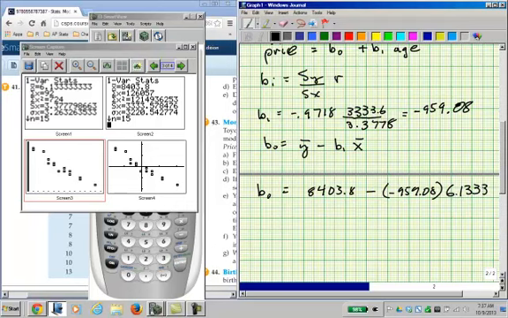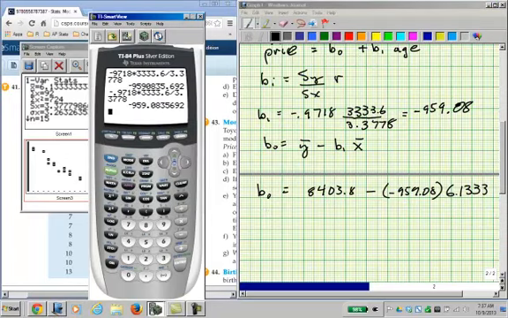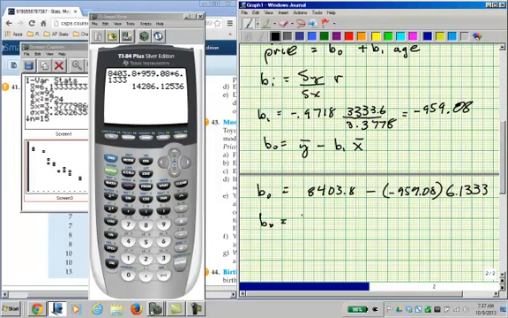That's enough threes. So here's the y-intercept. Let's do this on the old calculator. We clear all this, 8403.8 plus 959.08 times 6.1333. Enter. Okay, so b sub 0 is 14286.1, I'll round up to 13.